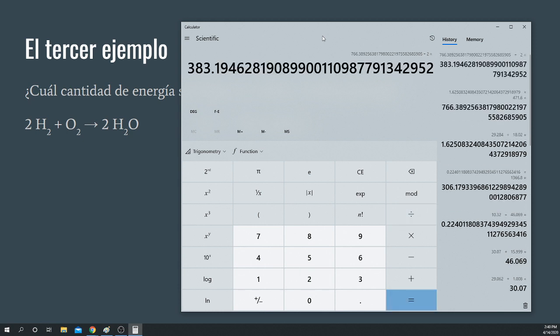So you need 383.2 kilojoules of energy to split the 29.284 grams of water. Don't forget to use the coefficients when you're doing this sort of math, when you're doing enthalpy of reaction math. Otherwise, you'll be off by a factor of 2 or 3 or whatever.